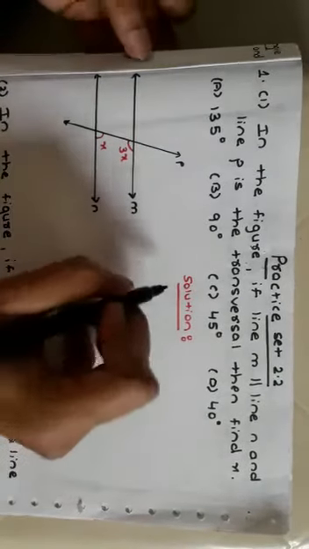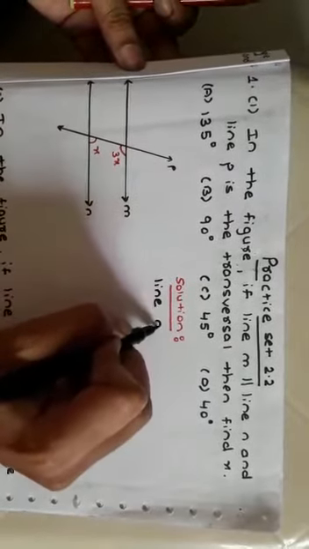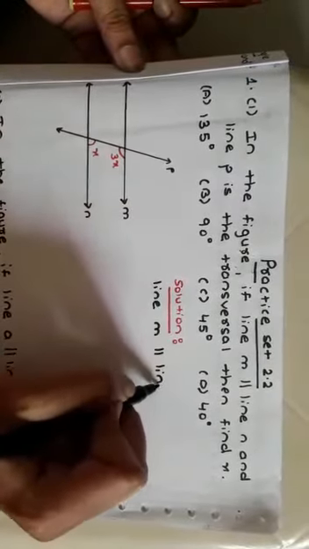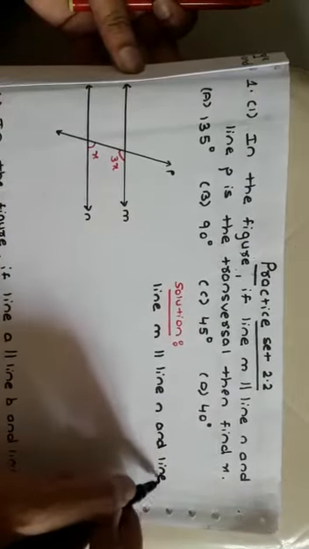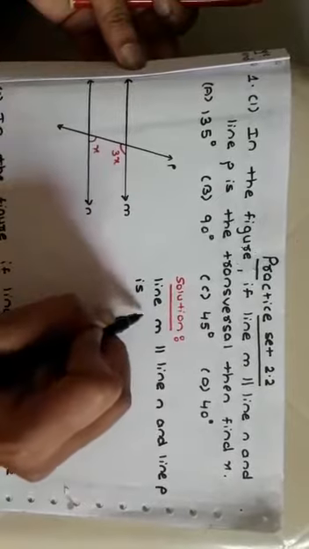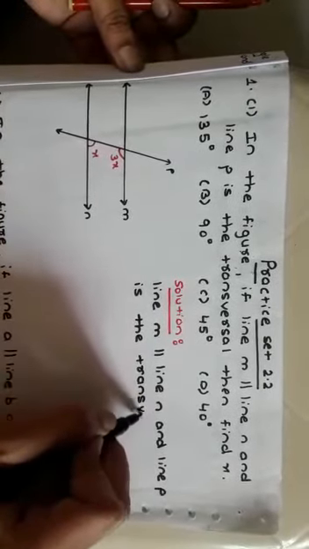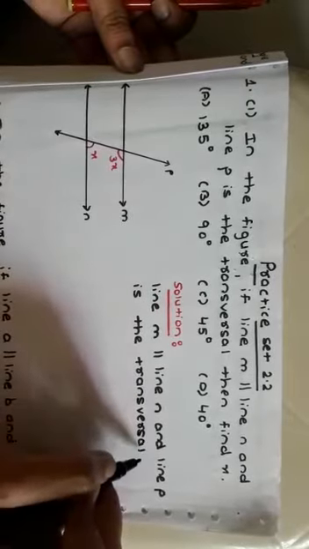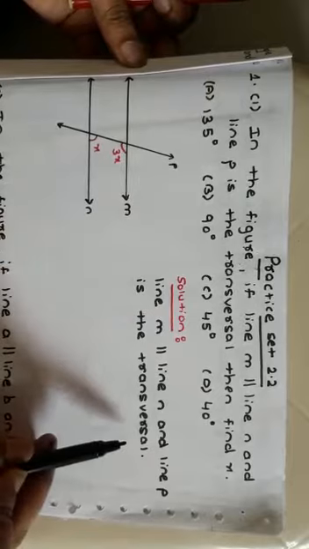Solution. Line M is parallel to line N and line P is the transversal.